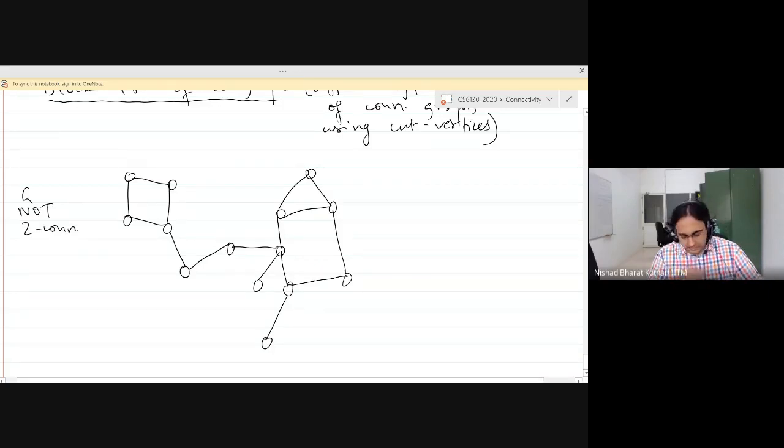Two vertex connected, right? Okay. So what are the cut vertices? Can someone tell me how many cut vertices are there in this graph? I don't want to know which ones, just the number of them.